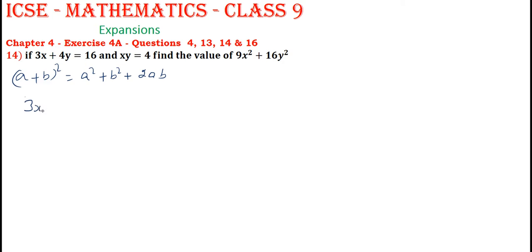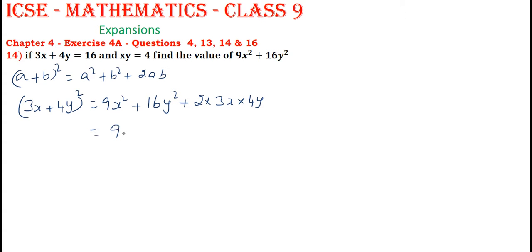So 3x plus 4y the whole square equal to 9x square plus 16y square, 4 into 4 is 16y square, plus 2 into 3x into 4y, 2 into 3 is 6, 6 into 4 is 24.